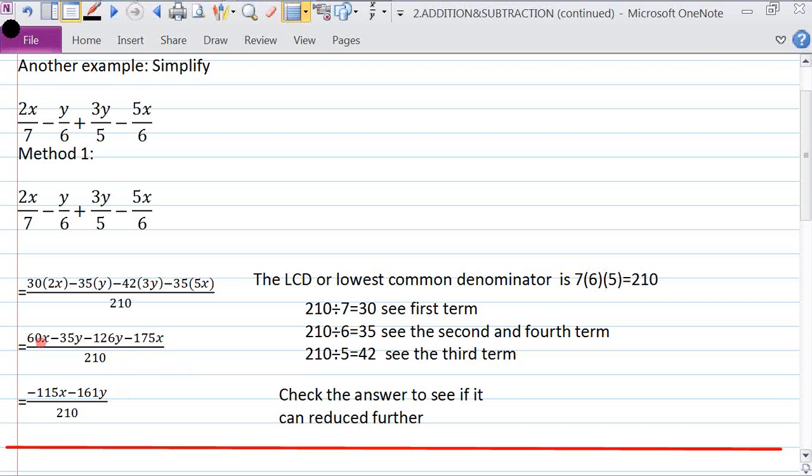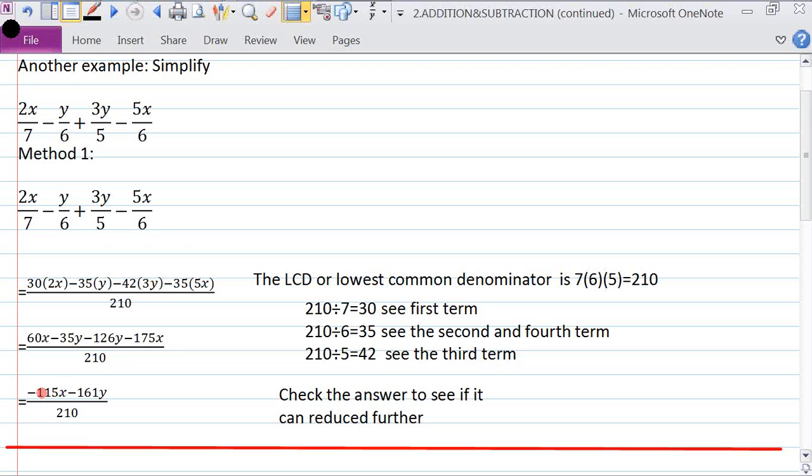If I collect the like terms 60x and minus 175x, I get minus 115x. I collect the y terms, minus 35y and 126y, I get 161y, divided by 210. And as far as I can tell, this cannot be reduced any further.